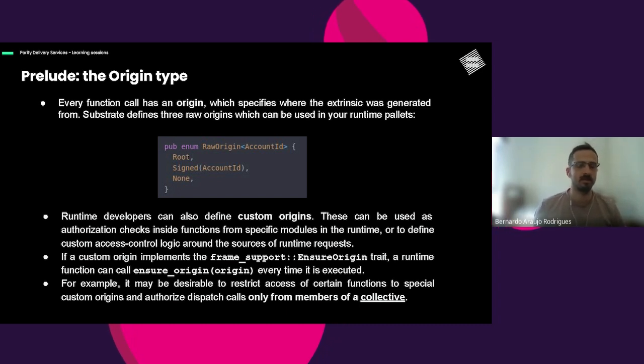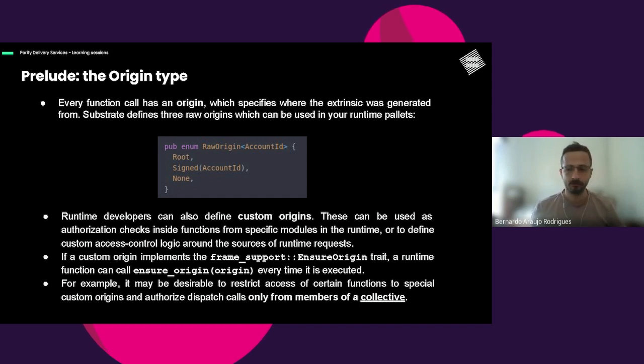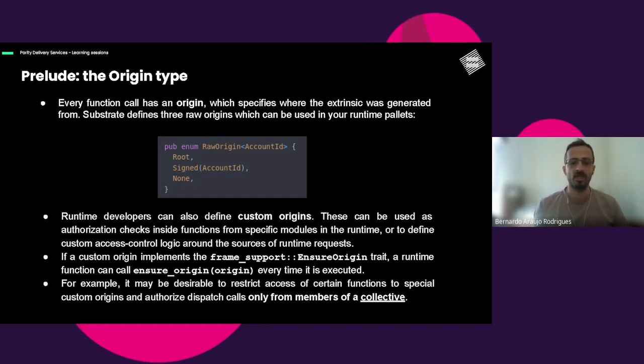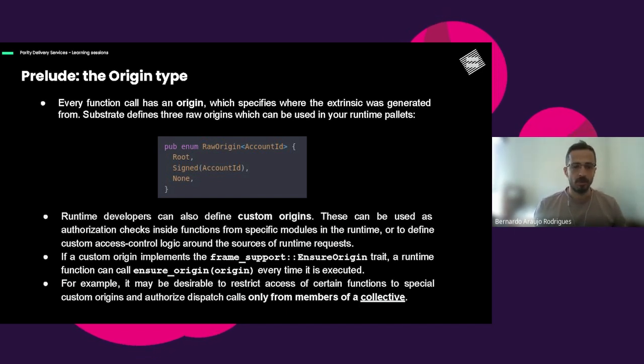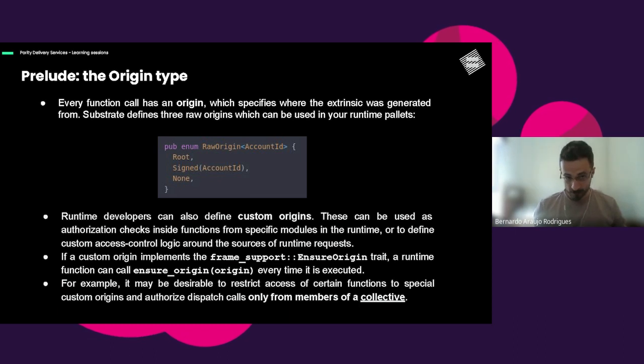extrinsics directly inside blocks. But the point here is that runtime developers can also define custom origins, and they can be used for authorization checks inside functions. And we can compose access control logic with that.